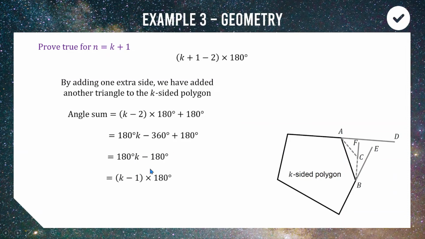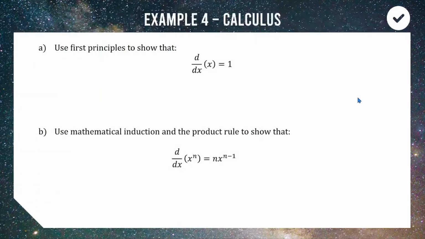We factorize this to k minus 1 times 180 degrees, and then we write this minus 1 as a plus 1 minus 2, because remember, this is what we're trying to show. Okay, so writing minus 1 as plus 1 take away 2, we have indeed shown that the angle sum of the k plus 1 sided polygon is k plus 1 minus 2 times 180. Proof by diagram, QED, we did it, success. Moving on with my life.